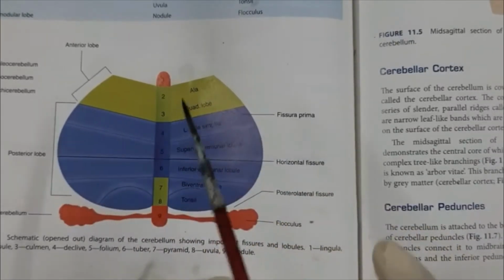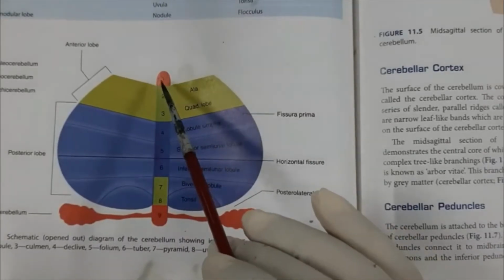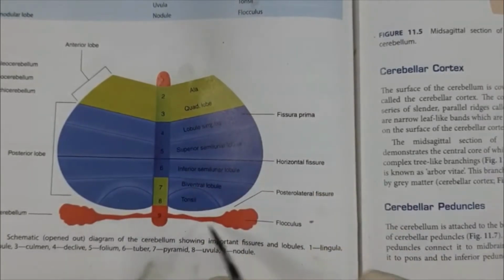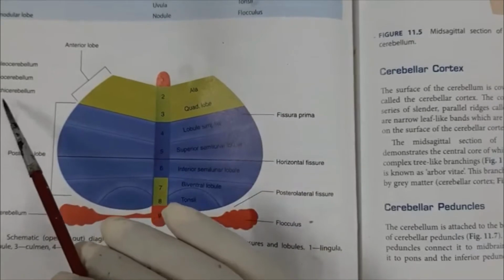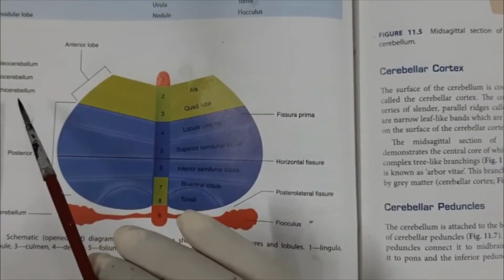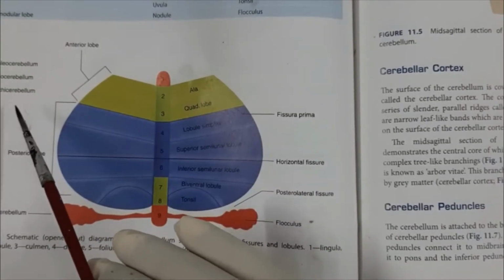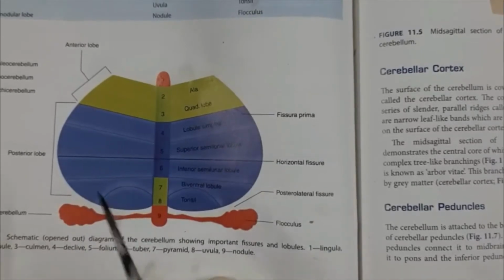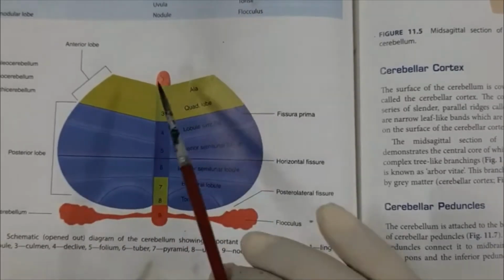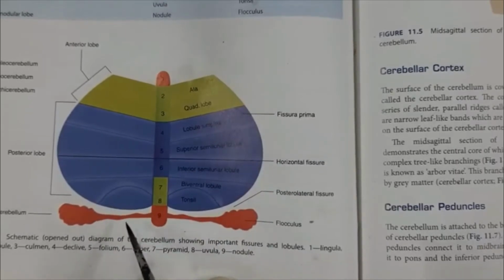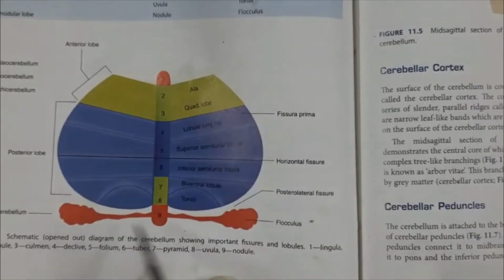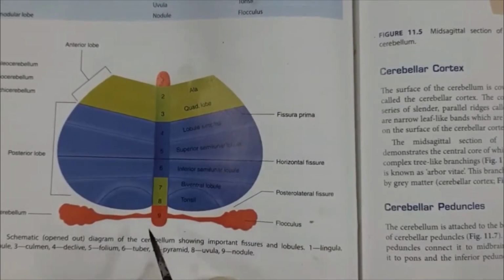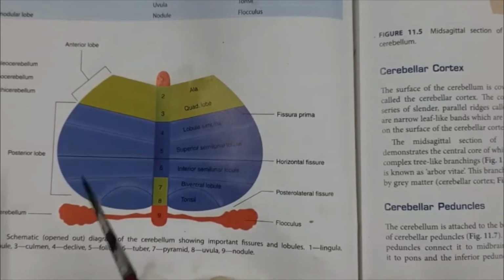So the 1 and 9 here, the flocculonodular lobe, are part of the archicerebellum, which can also be classified functionally as the vestibulocerebellum. I will tell you its function: maintaining equilibrium and posture. The flocculonodular lobe is the oldest cerebellum.